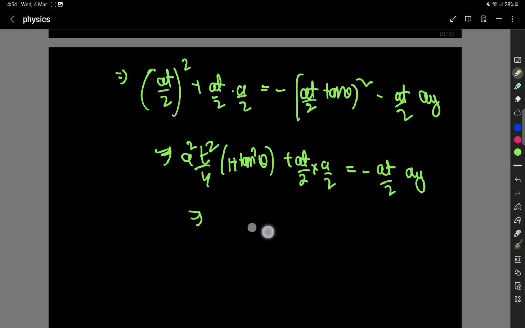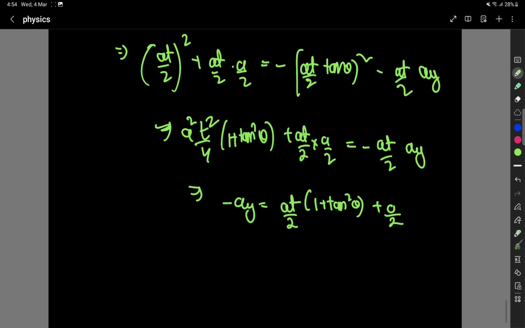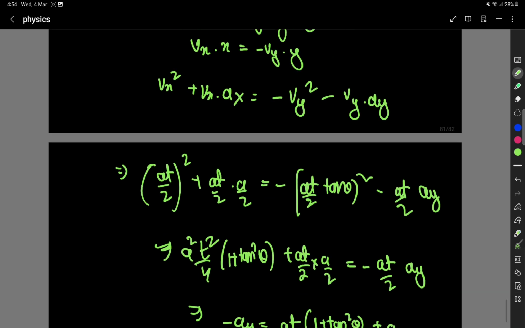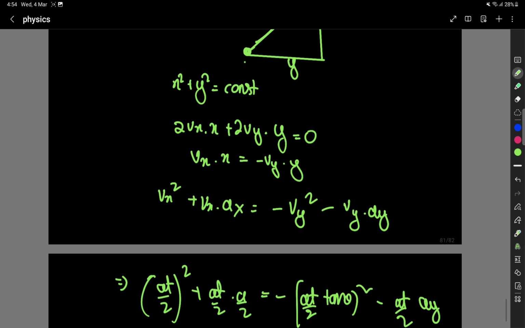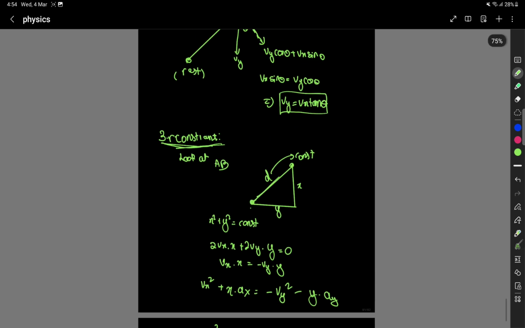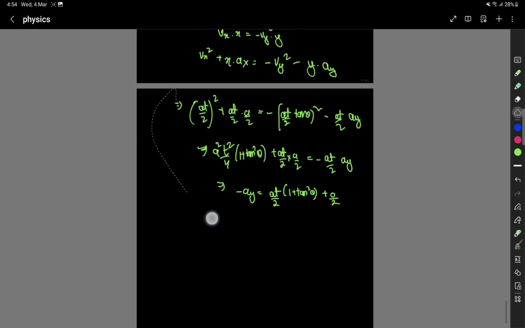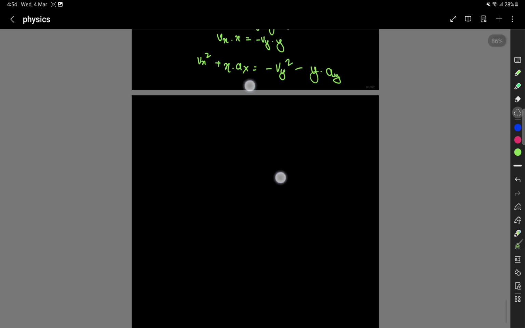Ay will become minus Ay is equal to A by 2, 1 plus tan square theta plus A by 2. Yeah, so wait, sorry, I made a mistake here. I'm differentiating. This is supposed to be the correct equation. This one is dimensionally wrong, I realized. Delete.